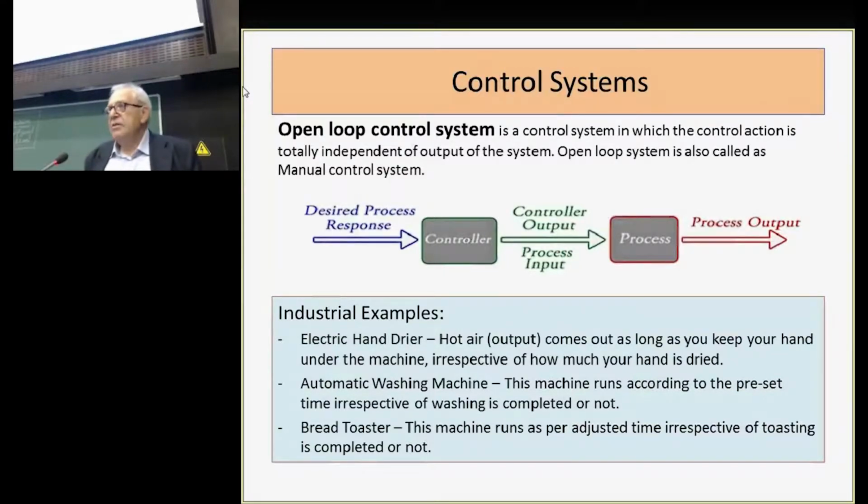You have a desired response, a controller, input process on the system and output process. Simple. I mean, you decide that at some time your system has to switch on, and after a certain time it has to switch off. Simple as that, the simple case.